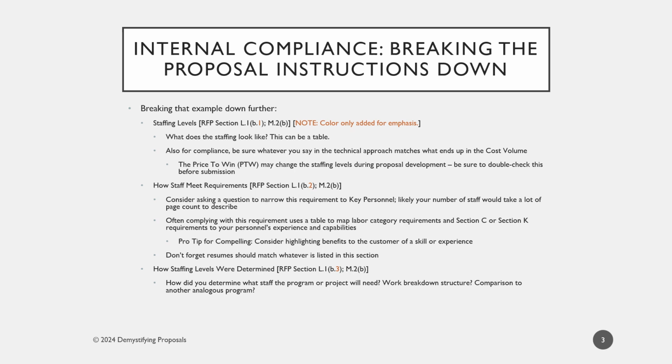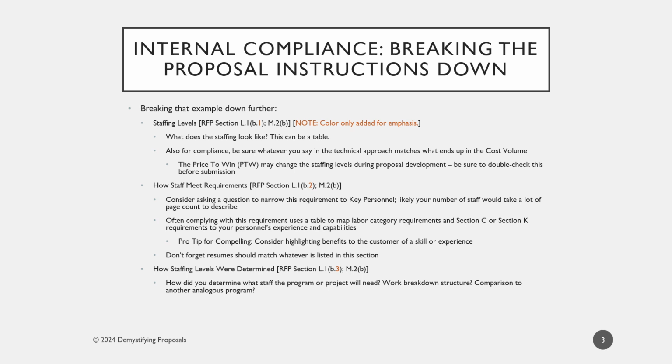So you may, for example, for the program manager, have the name in the far left column. Then you have their title, program manager, project manager, whatever the RFP calls that person. And then in Section C, that may require them to have a PMP, for example, and you would say PMP.